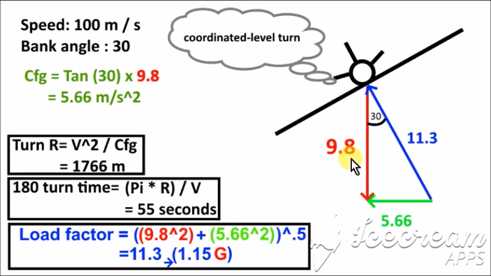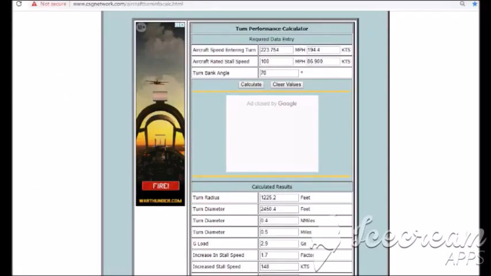We have the 9.8, and based on this bank angle, we can get the centrifugal acceleration, and then we can get the load factor. I'll not go deep into the math, but you can put any angle and follow this math, and you can compare it against this site, and I will leave the link in the description.